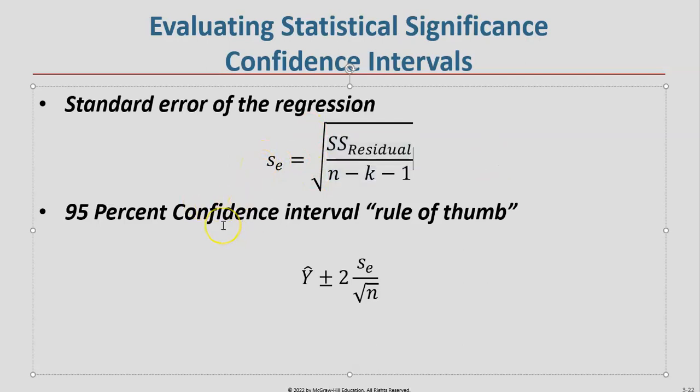And that's useful for constructing confidence intervals for the dependent variable. So here, using the rule of thumb number, the 2, which is the rounded up 1.96, the critical value for the t statistic at the 95% confidence level, if you add and subtract 2 times the standard error of the regression divided by the square root of n, the sample size, you get a 95% confidence interval around a predicted value for y.